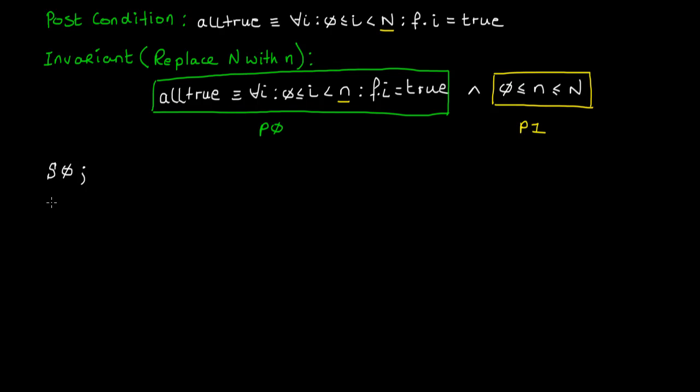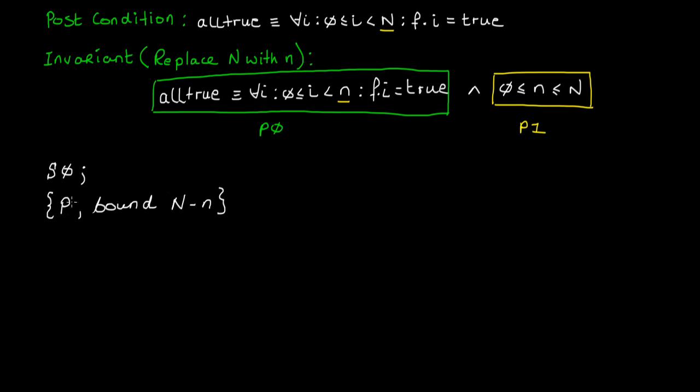Once we do that, that will establish our invariant P. And of course, when we look at our invariant, we'll have a bound function in order to make sure that our program actually terminates. So the bound function here will be large N minus small n.